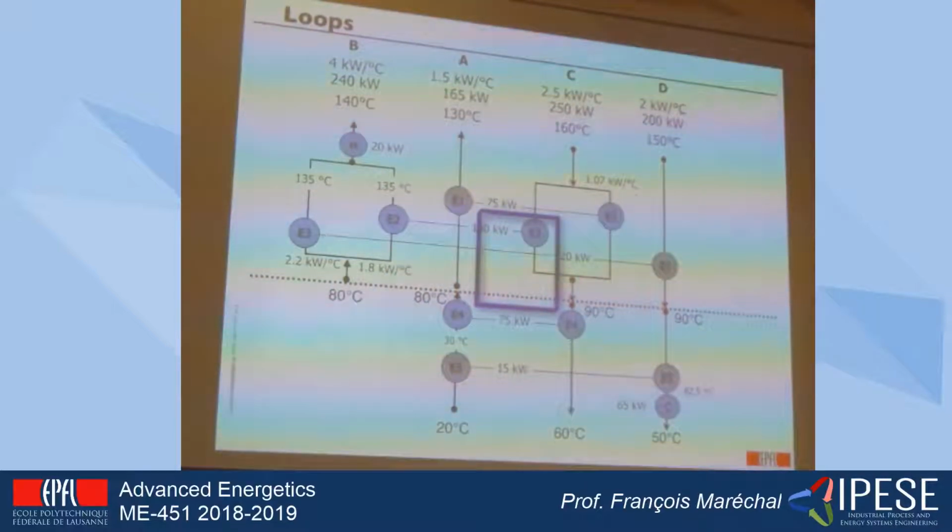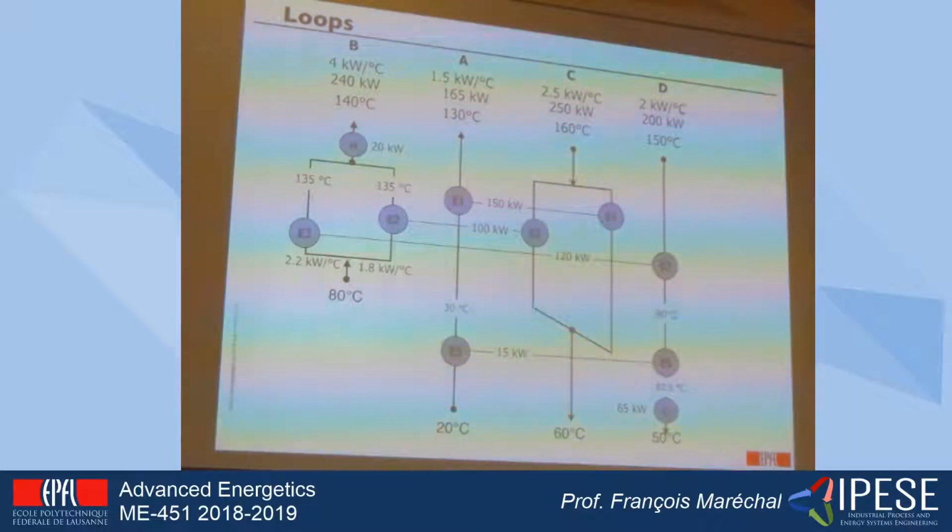And of course, I could have played with other subsystems. So for example, this one could also be used. And again, I would have to re-establish the temperature difference. Something which is perhaps important here is that this heat exchanger is not impossible, but for reaching this feasible heat exchanger here and here, I had to play with the flows.